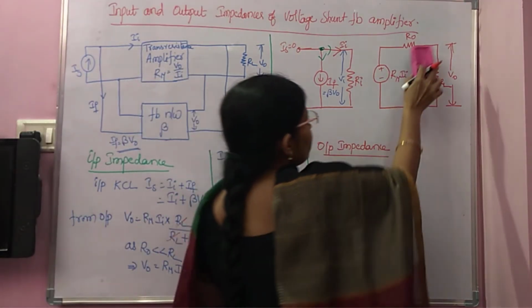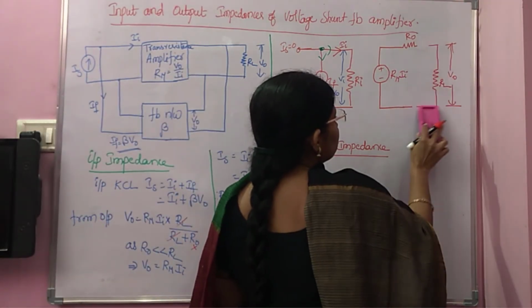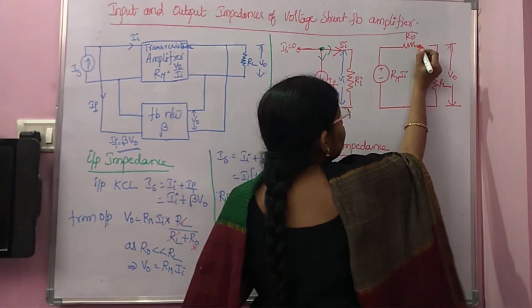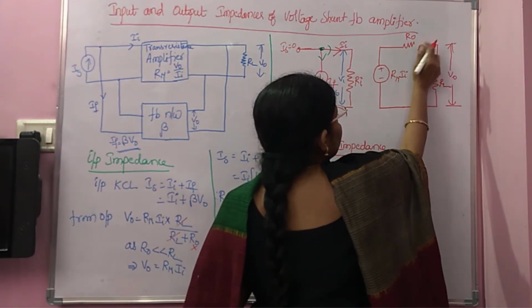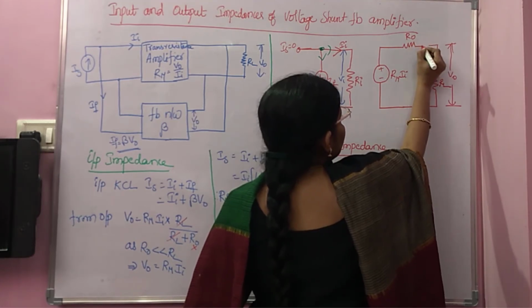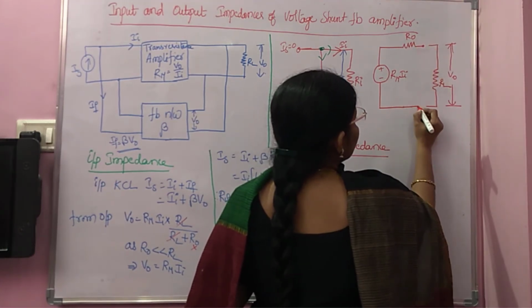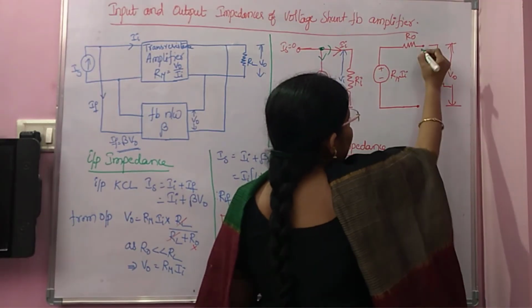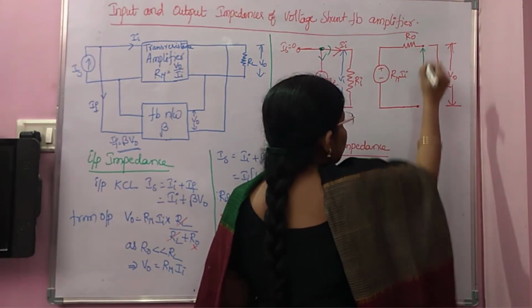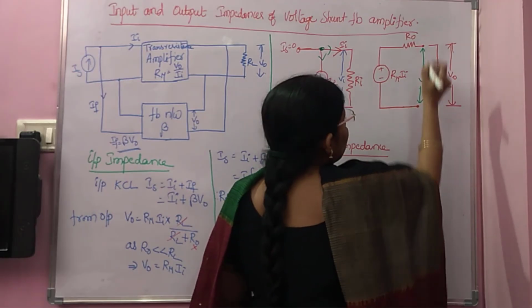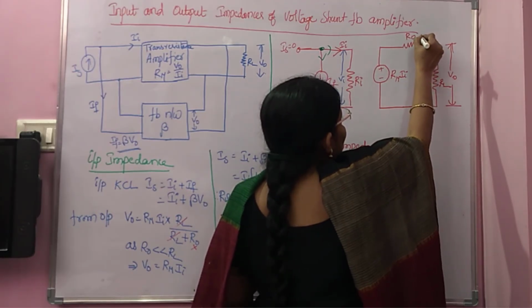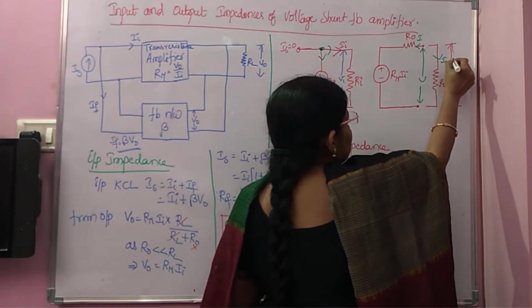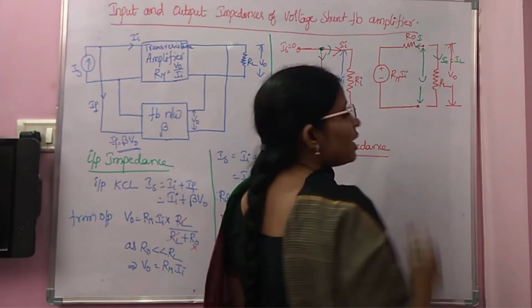Same way here, you disconnect RL. Assume a voltage V here and assume a current I, and this current I0, that is IL, is equal to minus I.